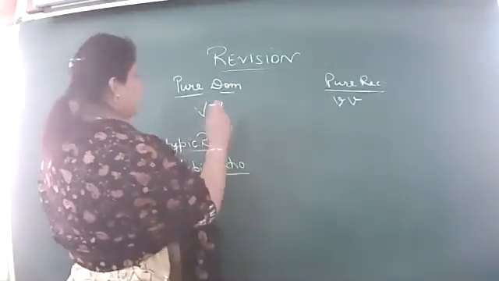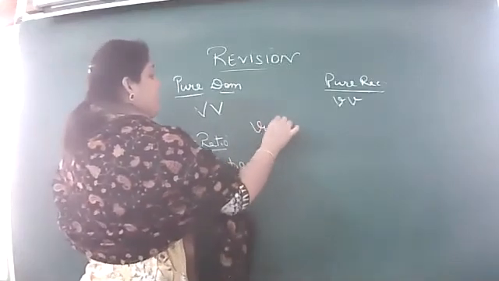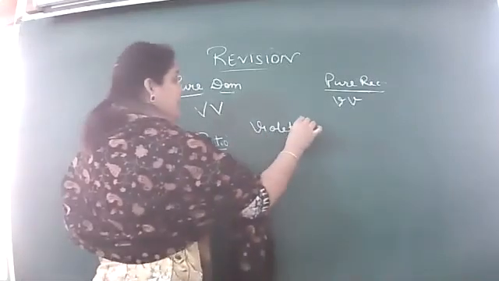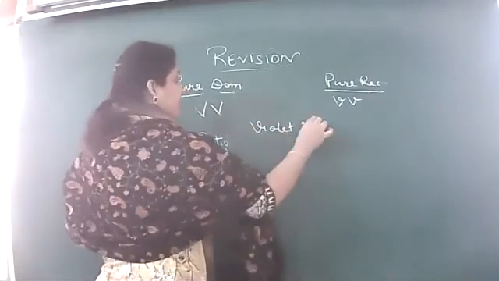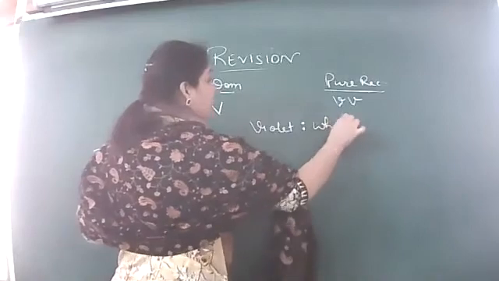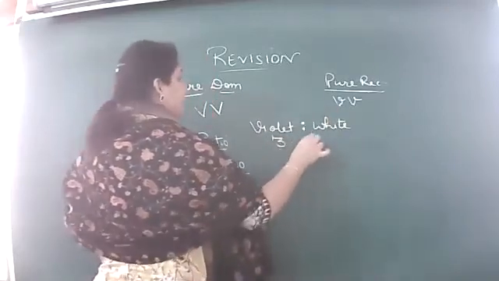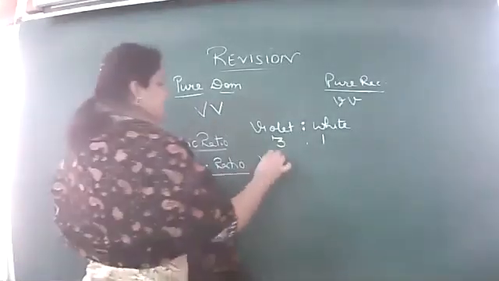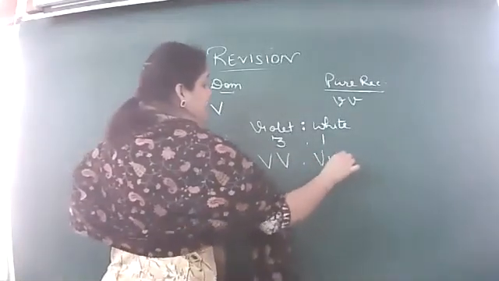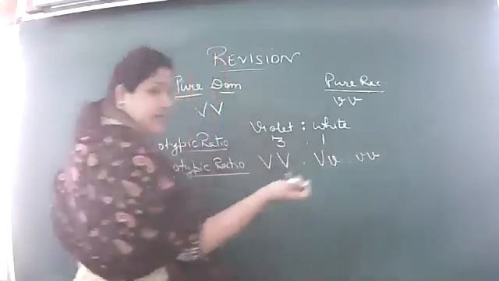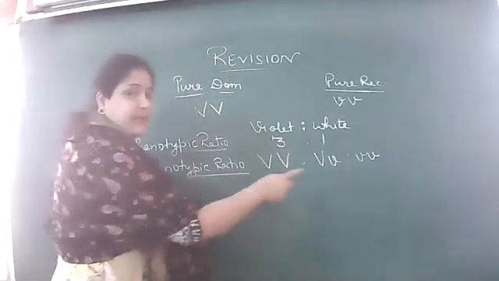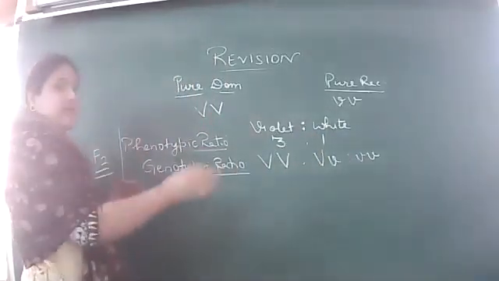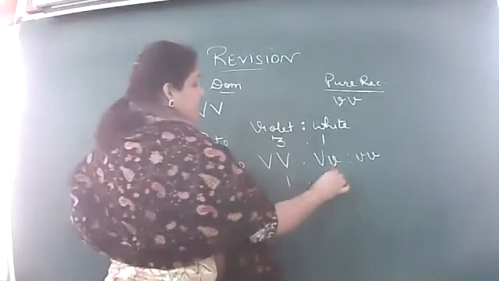Let's say the phenotypic ratio. There you gave the ratio for tall and dwarf, so here we give it for violet and white. Without constructing it, we say the phenotypic ratio will always be 3:1. For the genotypic ratio, we will say it is capital V, capital V, capital V, small v, small v, small v, just as we write capital T, capital T, capital T, small t, small t, small t. It is a ratio 1:2:1.